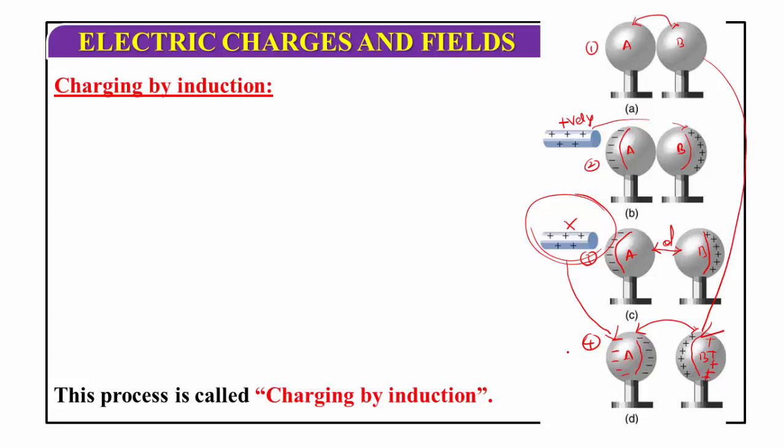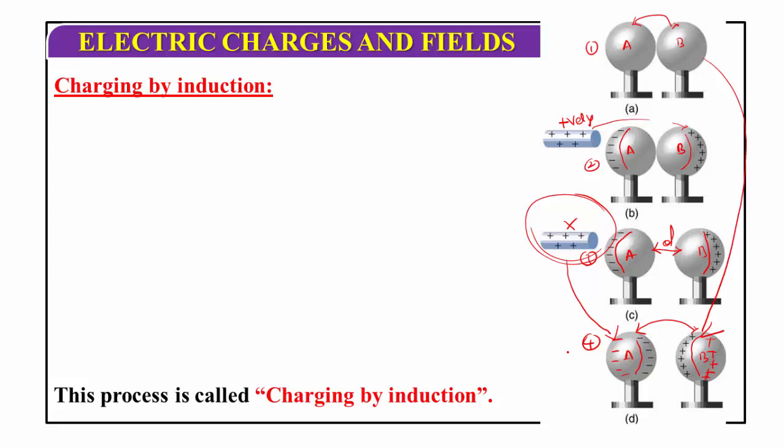Electrification means the process of transferring electrons from one body to another body, or the process of charging a body is called electrification. The types are charging by friction, charging by conduction, and charging by induction. Charging by friction means the process of charging a body in which two insulating bodies are rubbed against each other.